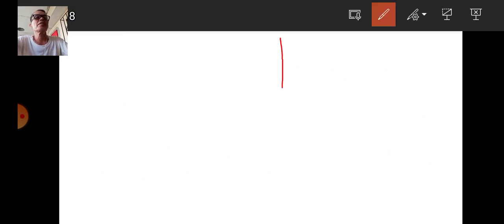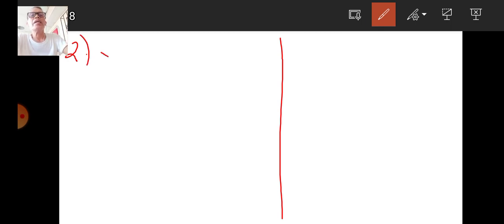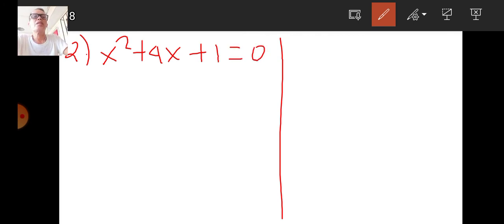Another example. So if we have number 2, x squared plus 4x plus 1 must be equal to 0.